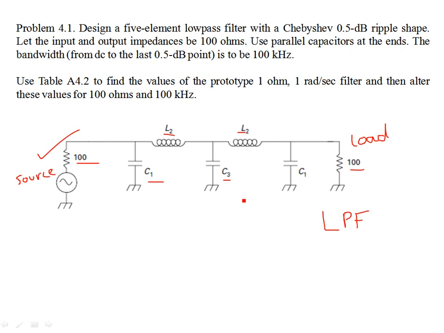Now, one thing before we get into the design is that you have to start the design by coming up with a prototype low pass filter. What does it mean by a prototype low pass filter? Well, it's a low pass filter, but if it is a Butterworth filter, you can say it has a cutoff frequency, which is the half power point or the 3 dB point.